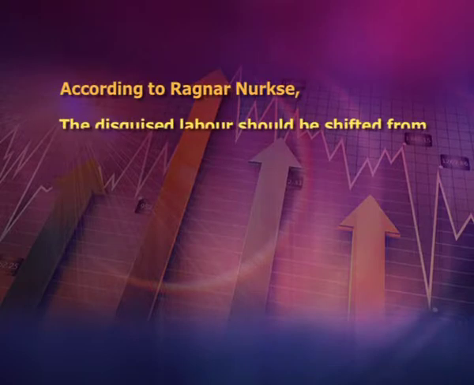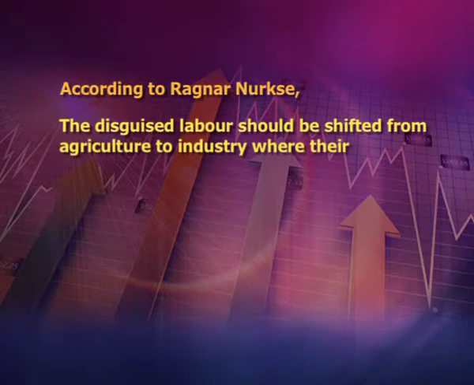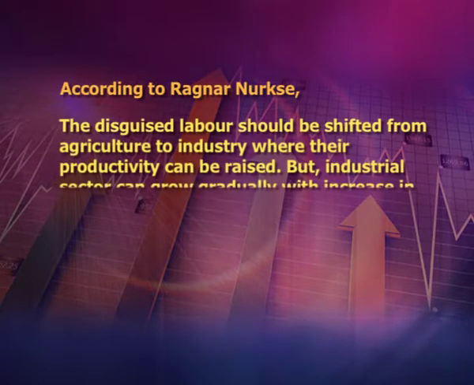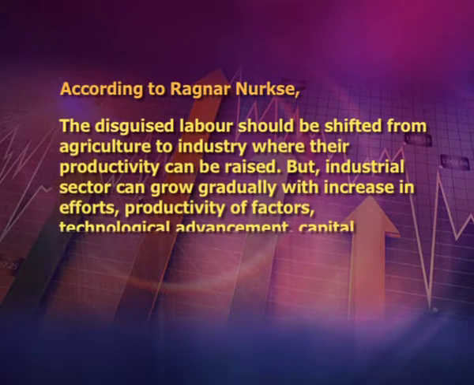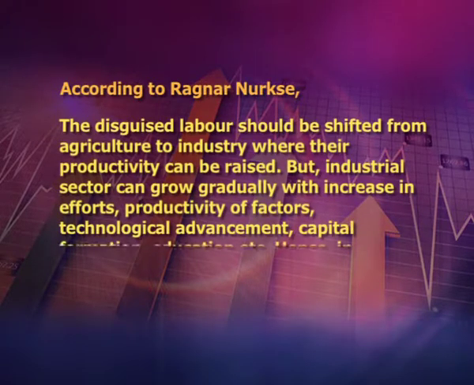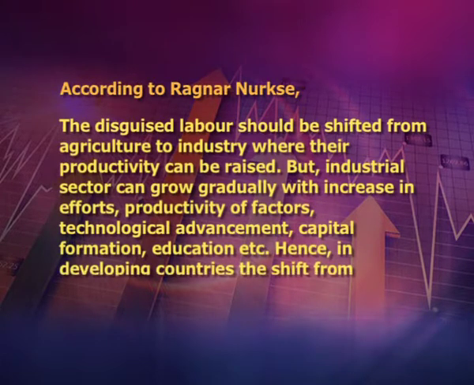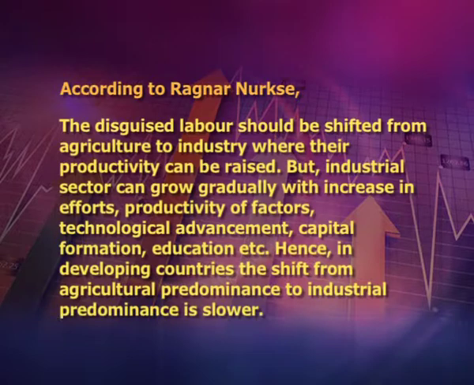According to Ragnar Nurkse, the disguised labor should be shifted from agriculture to industry, where their productivity can be raised. But the industrial sector can grow gradually with increase in efforts, productivity of factors, technological advancement, capital formation, education, etc. Hence, in developing countries, the shift from agricultural predominance to industrial predominance is slower.